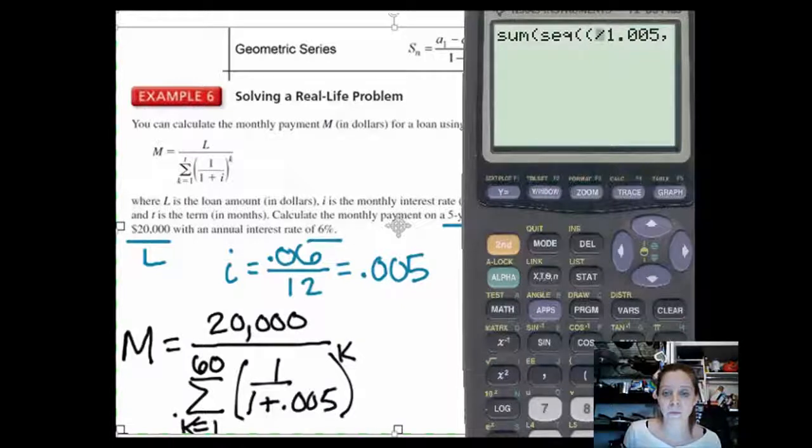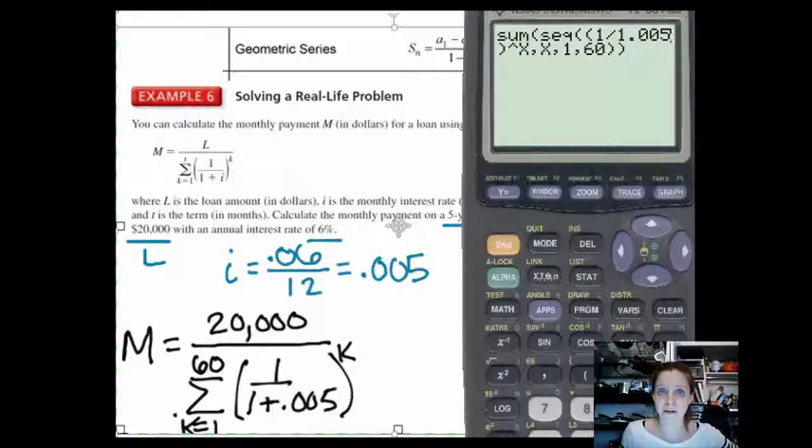So we need parentheses. 1 over 1.005, parentheses, to the power of, I'm going to change it to X, comma, X is my variable, and I want that variable to go from my index from 1, comma, 60. And that closes the sequence, that closes the sum.